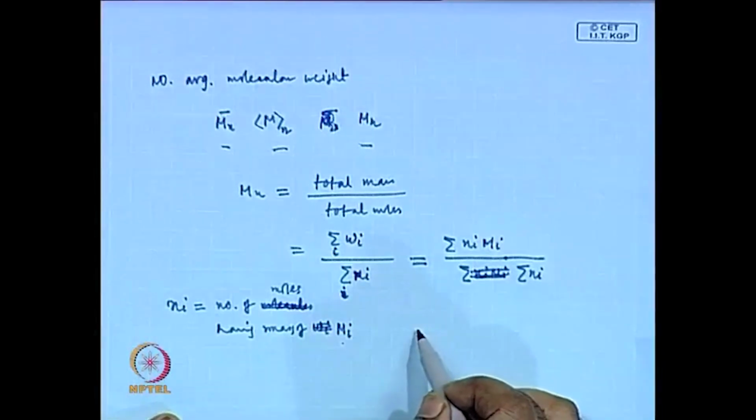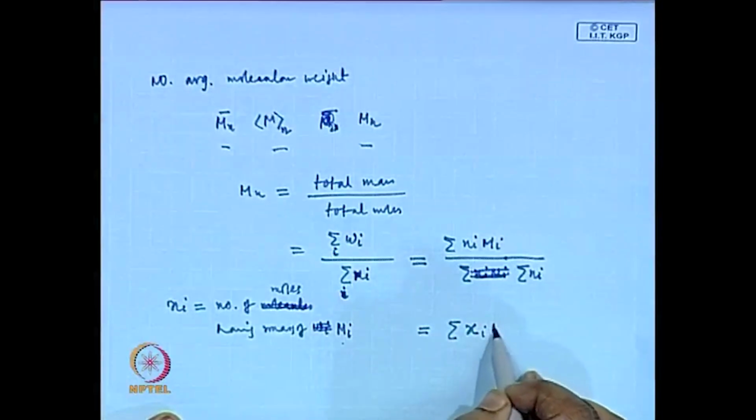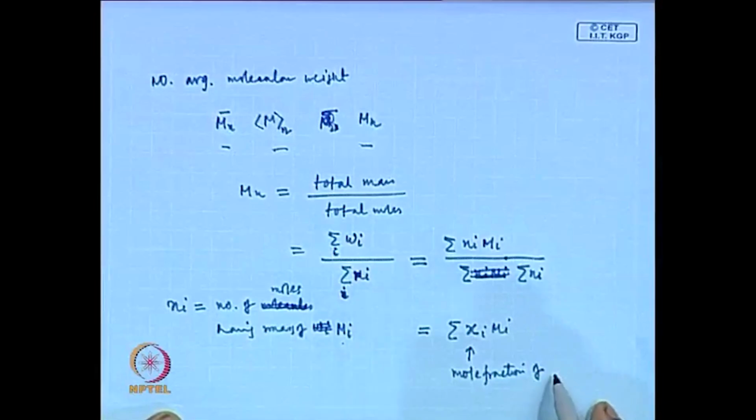which gives you Mn, the number average molecular weight, or you can simply write this as the sum of Xi Mi, where this Xi is the mole fraction of the molecules having molecular weight of Mi. Okay.